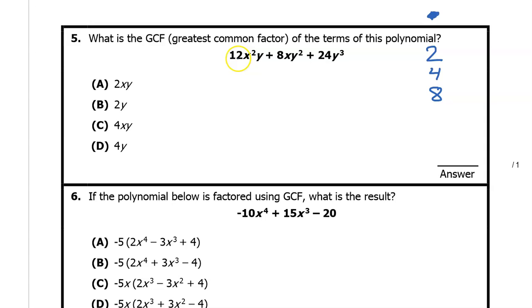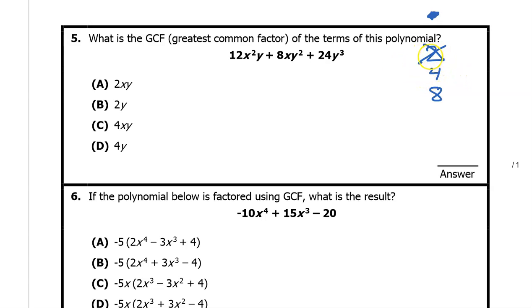Do they also divide evenly into 12 and 24? We've already established that 2 divides into everything. What about the number 4? 4 goes into 12 evenly. 4 goes into 24 evenly. What about the number 8? So far we can forget about the 2 because we want the greatest common factor.